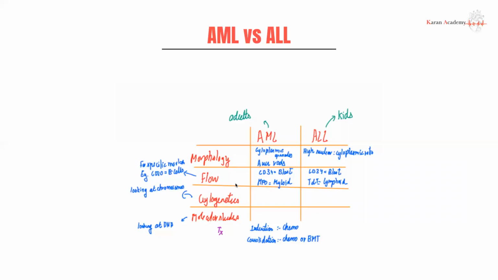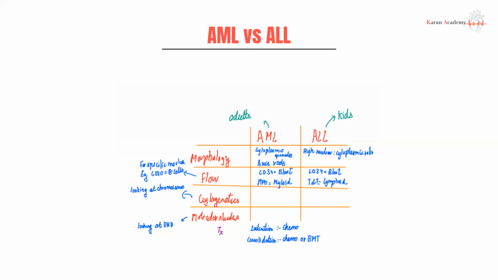This is where I tell you that CD34 is specific to blasts, and therefore both of them would be CD34 positive. But I'll just preface this by saying these names and numbers are not relevant, and you would not be asked about CD34 positivity. But if you keep seeing this on lecture slides or tutorials, and no one really explains what these mean, so I just thought I'd explain this.